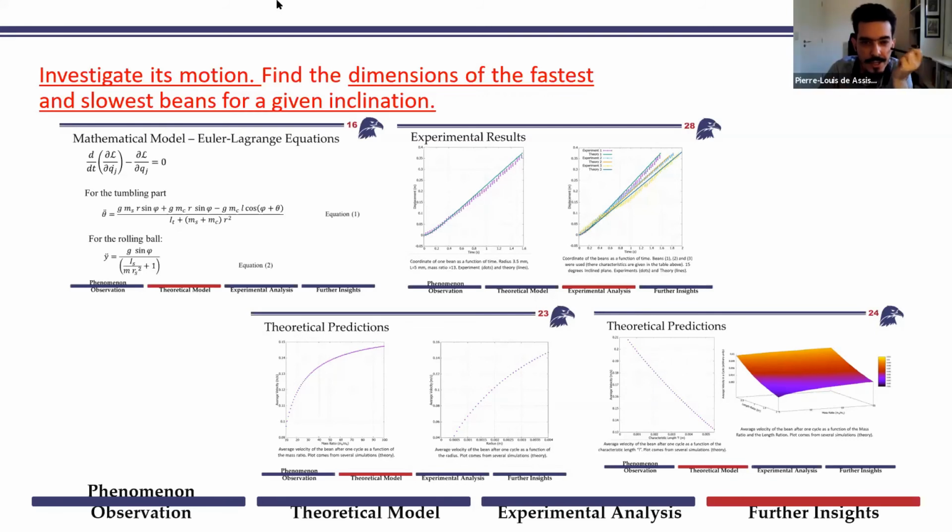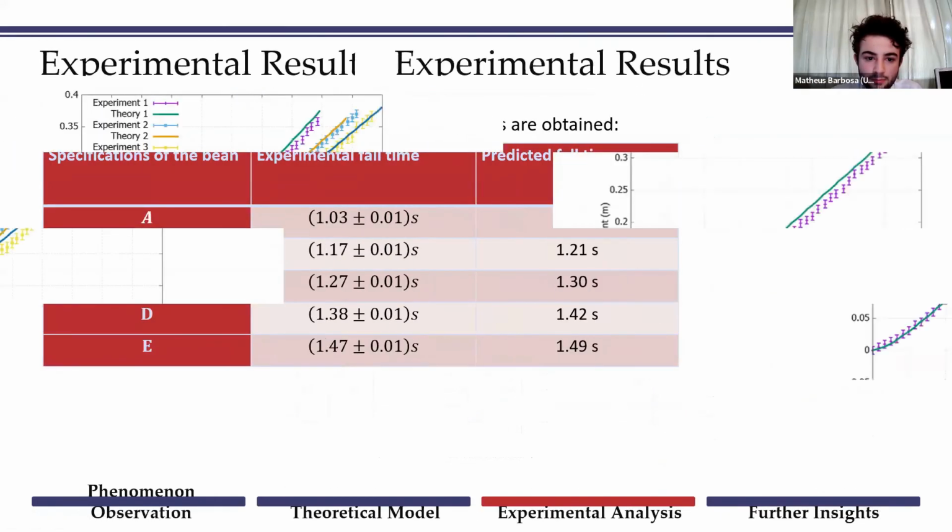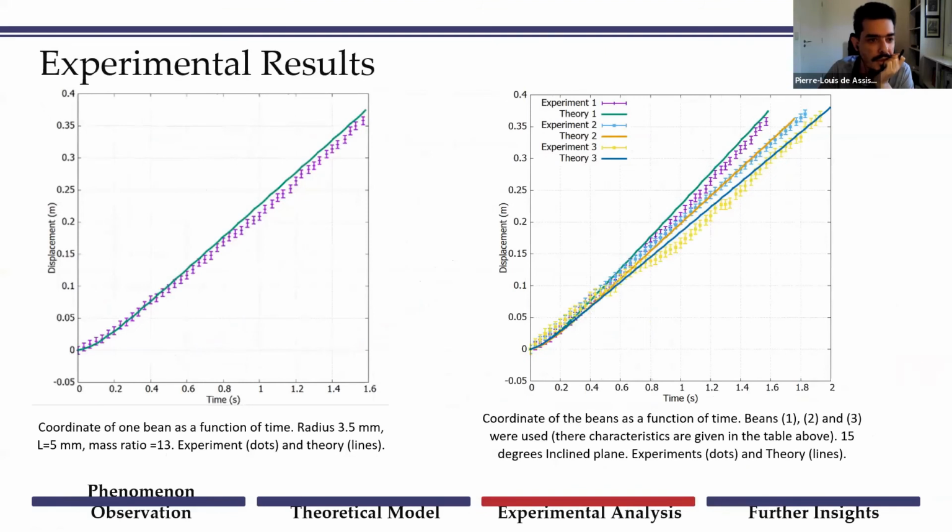Just one question. In your experimental results, could you go to the slide where you show the experimental results again? I can. Sorry if that takes a bit too long, but I wanted to check something. There we go. So in your slide on the left, the displacement, which is clearer, I can more or less see the kinks in your theory that would show each rolling down, right?